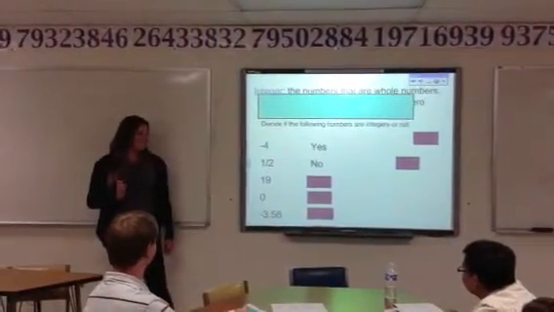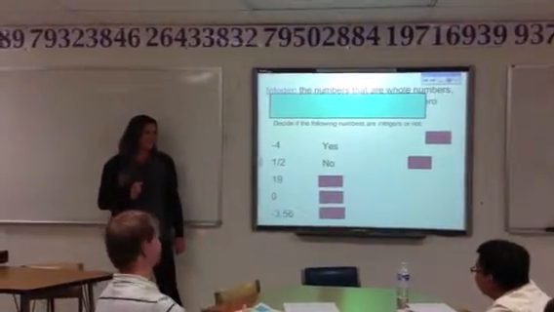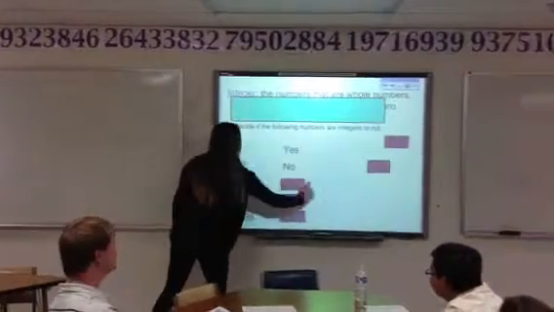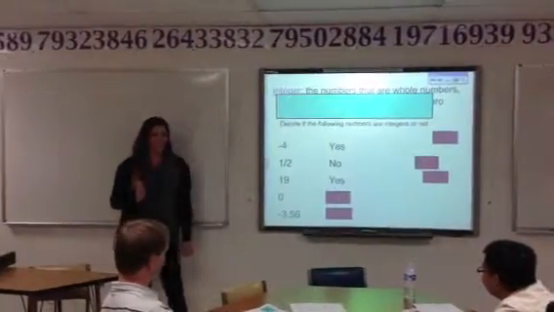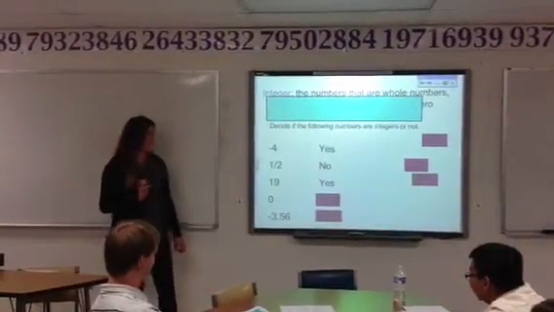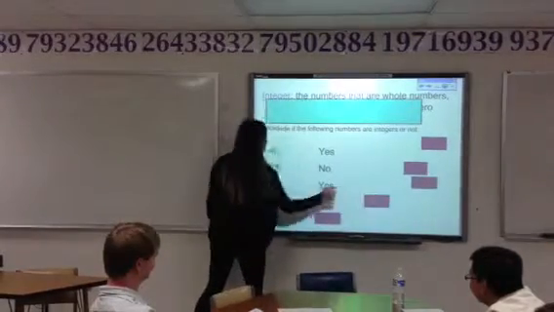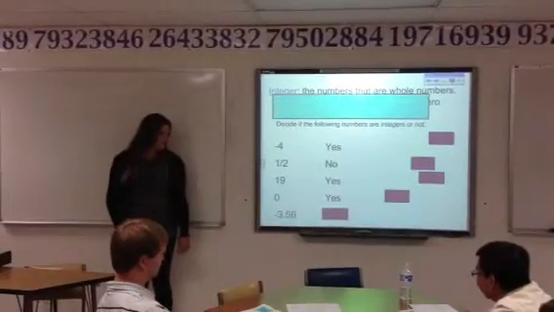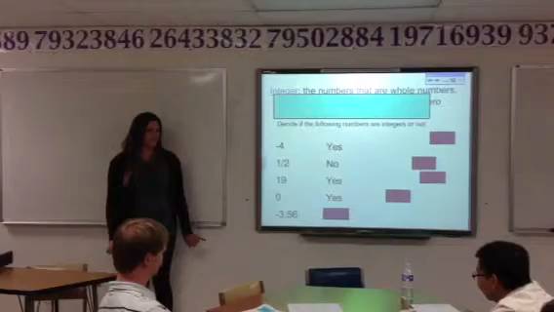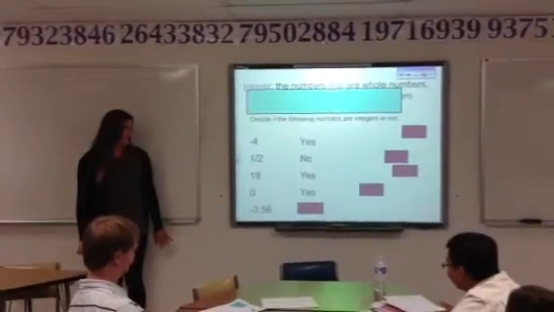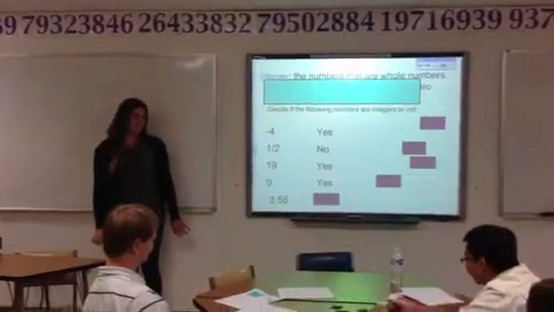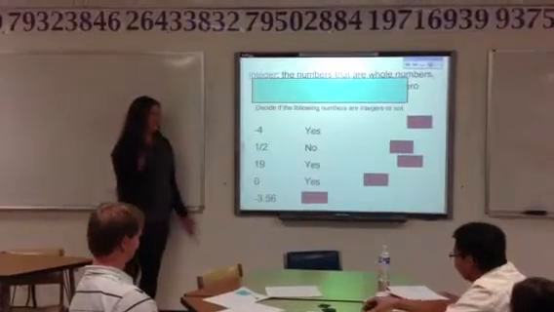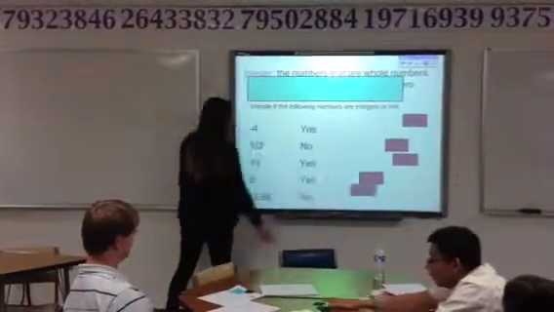Alright, next one? Memo. Yes. Good job. And Dusty? 0 is an integer, yes. Good job. What about this next one? Liang? It's not an integer. And why isn't it an integer? Because it's a decimal, so it's not a whole number. Good job.